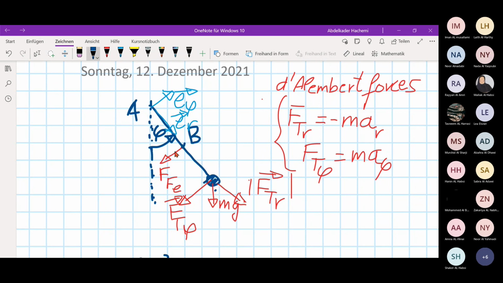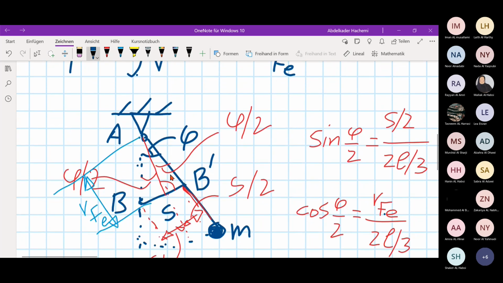We have F_A, the force in the spring, multiplied by this distance, which is perpendicular, this distance here, R_FA. That means we have the force F_A here, perpendicular to this R_FA. Then we have the corresponding moment, and we also have mg multiplied by this distance here.